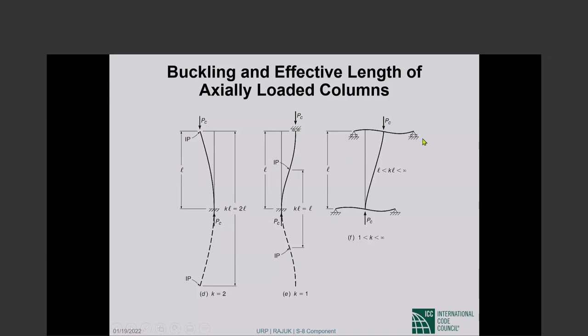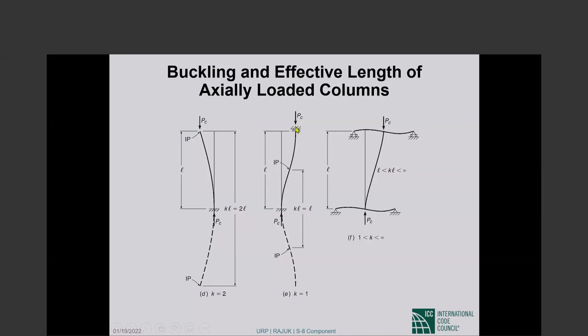Now, in a real case, this is the case of a sway column in a real life situation. So there is translation possible and rotation is partly restrained. Okay. So the best you can do in this situation is a K of 1.